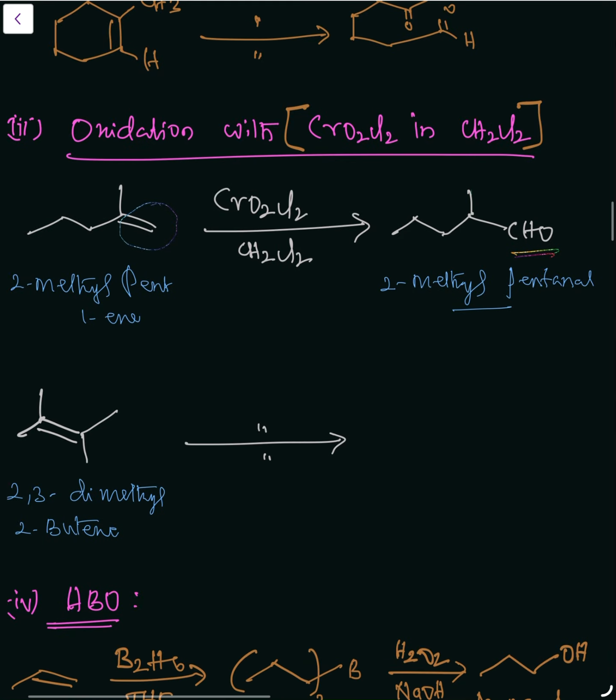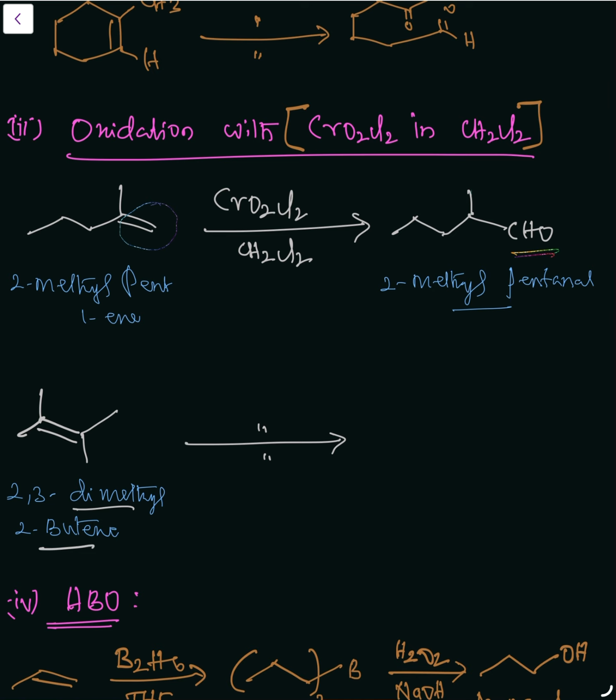In the same way, here 2,3-dimethyl-2-butene when it reacts with the same reagent, then the compound formed is, see here, one methyl shift is taking place, and one of these sp2 hybridized carbons is converted to a carbonyl group. In the case of 2,3-dimethylbutene, the double bond is not on the terminal carbon, it is in the center.